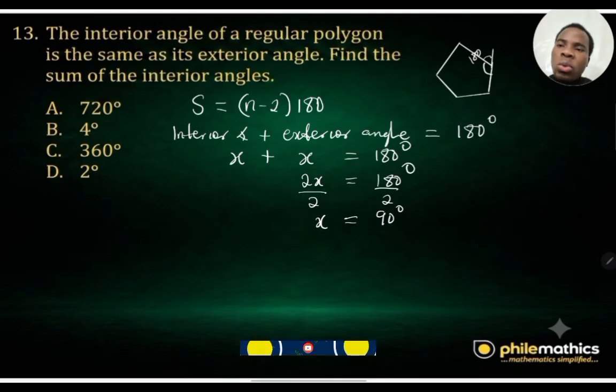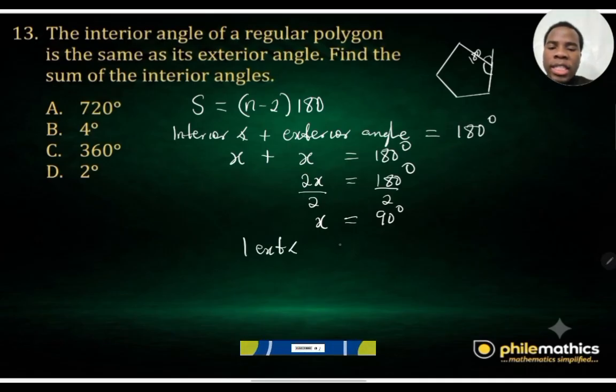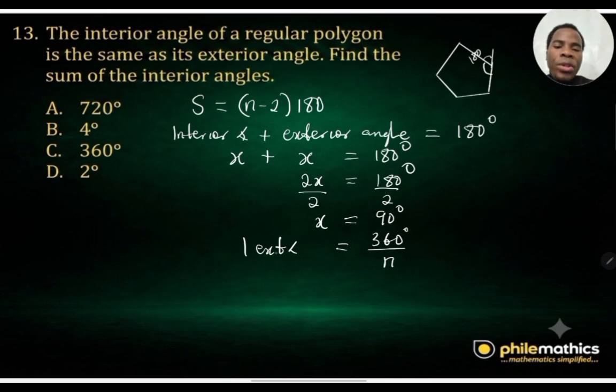The next thing we want to do is to find the number of sides. We also know that one exterior angle is given by the formula 360 degrees over the number of sides. So if we are looking for n, we know that one exterior angle is 90 degrees.